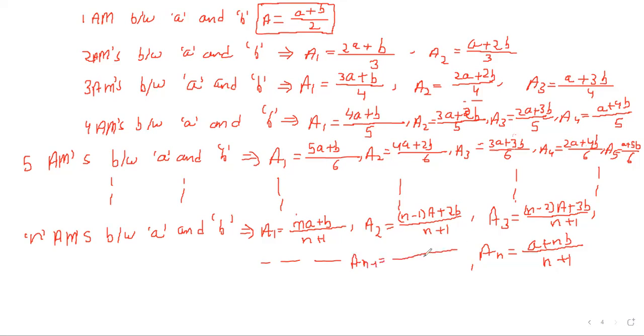The coefficient of A will be 1 more than the last, and the coefficient of B will be 1 less than the last. And the denominator will still be the same, n plus 1.